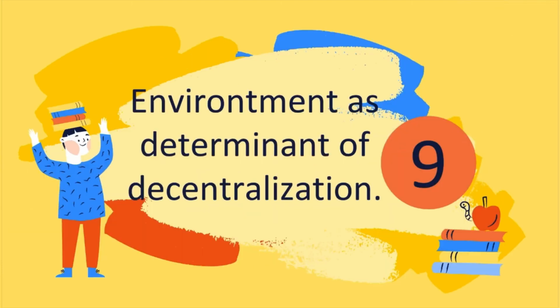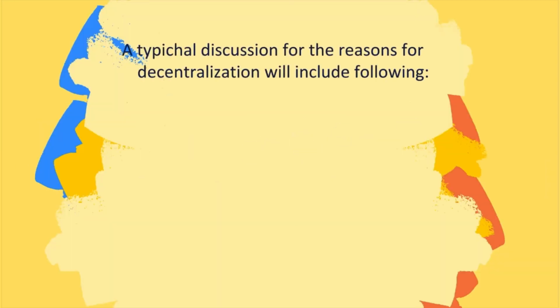And the next is environment as a determinant of decentralization. This section examines the antecedent conditions that create the need for the kinds of managerial behavior described by Fensel. Only by understanding why such behavior is needed is it possible to understand the need for decentralization. A typical discussion of the reasons for decentralization will include the following.